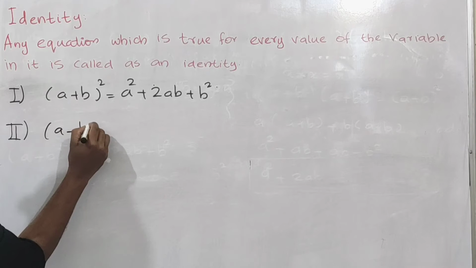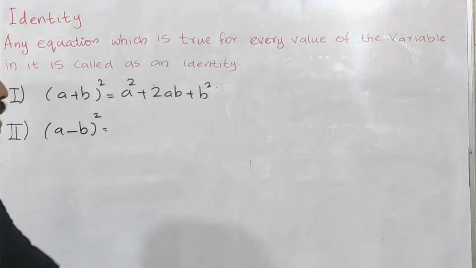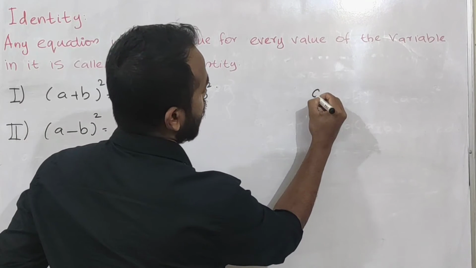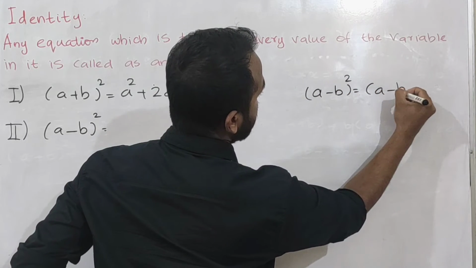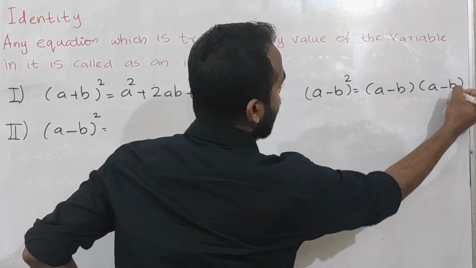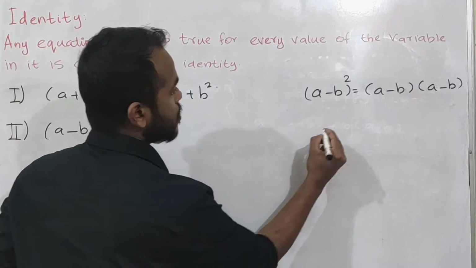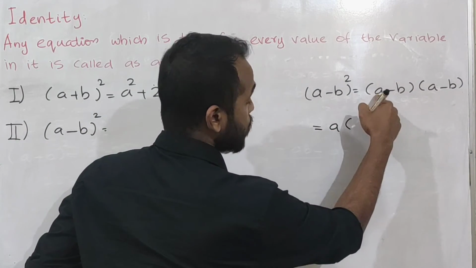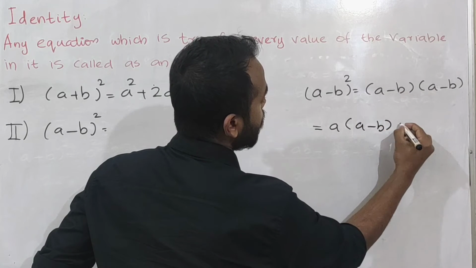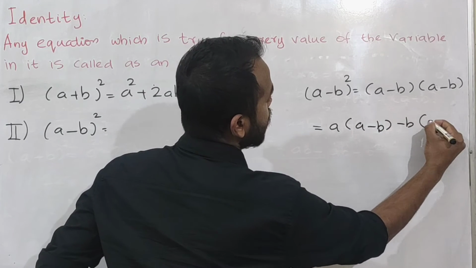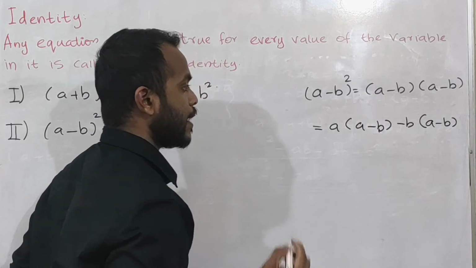The second identity says (a - b) the whole square. Let's prove it here. (a - b) whole square means (a - b) into (a - b), isn't it? So take the first number of the first bracket times the second bracket completely, (a - b), then the second number times (a - b) completely.